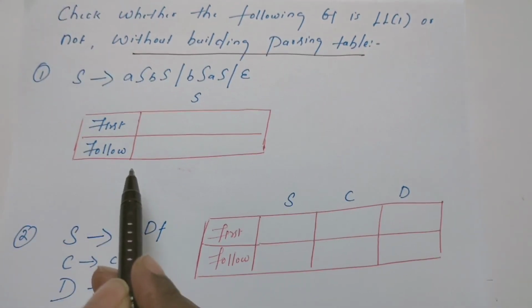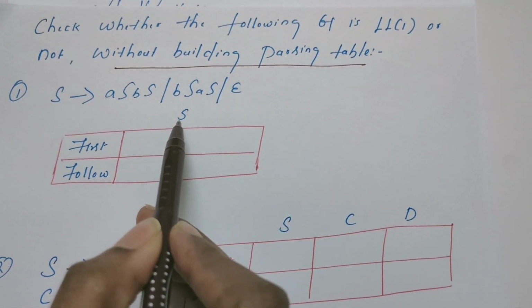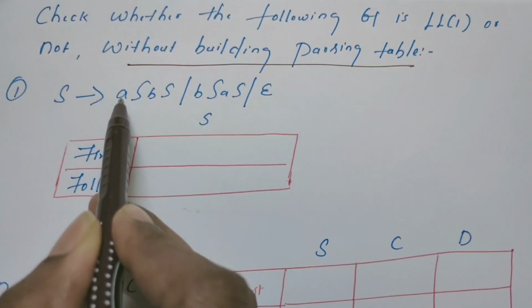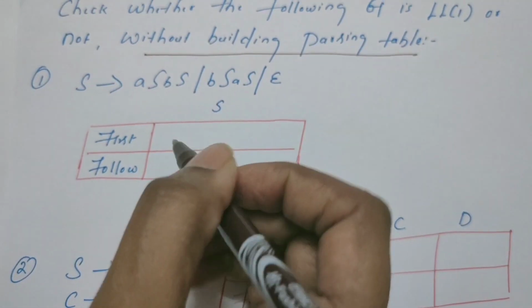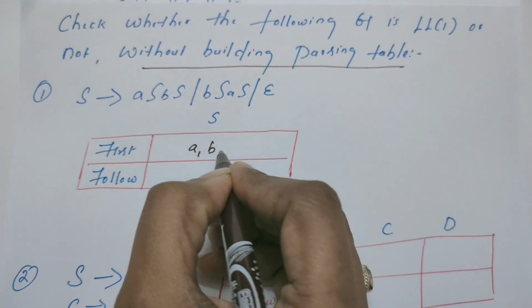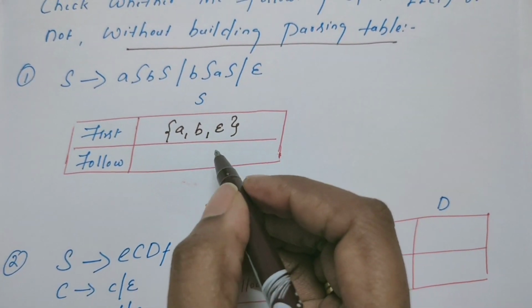In the given grammar, we are going to first compute the first and follow. So what is first of S? First of S is A from this production rule, and first of S is B. So let me write it. And first of S is epsilon also. So what do rules number 1 and 2 say?